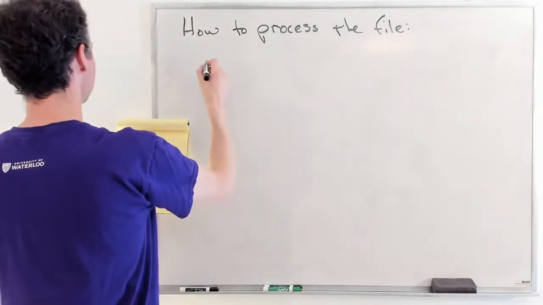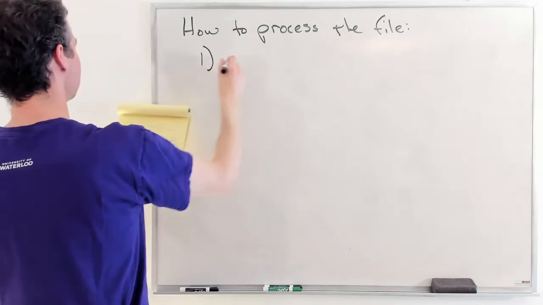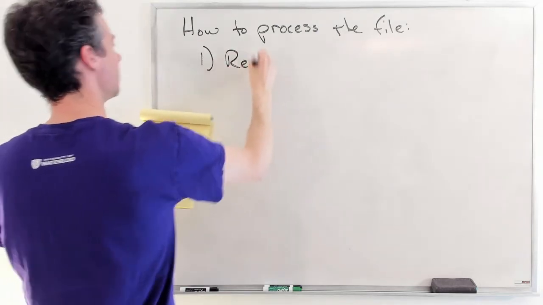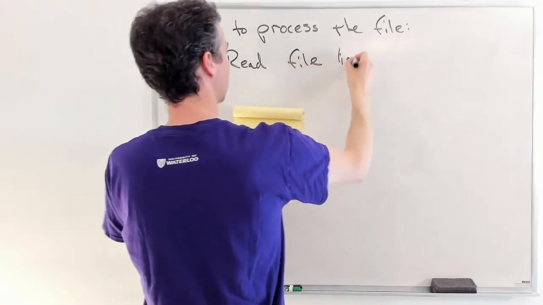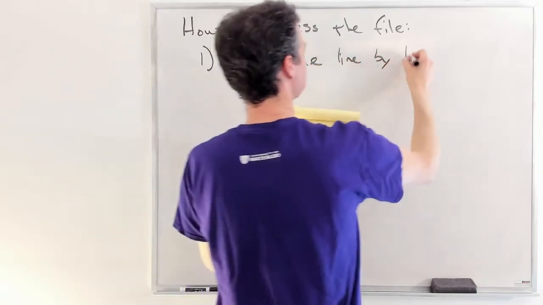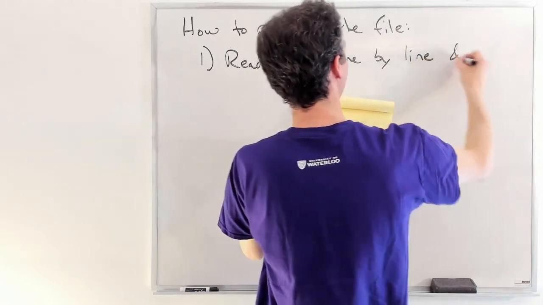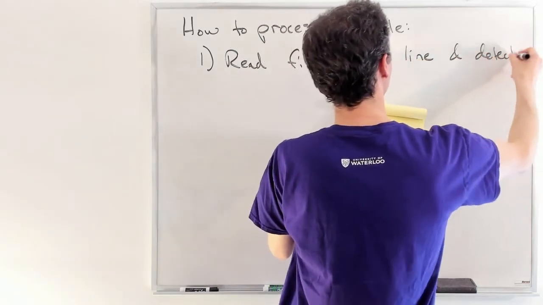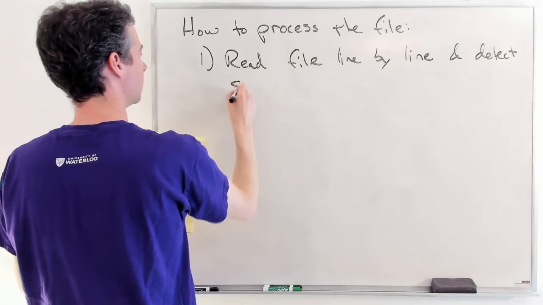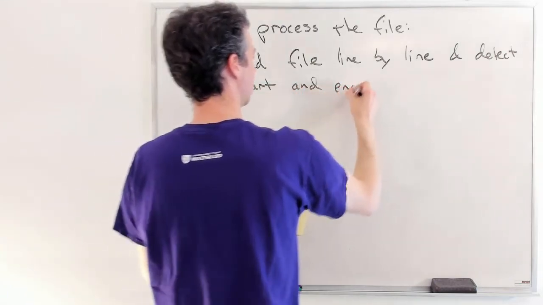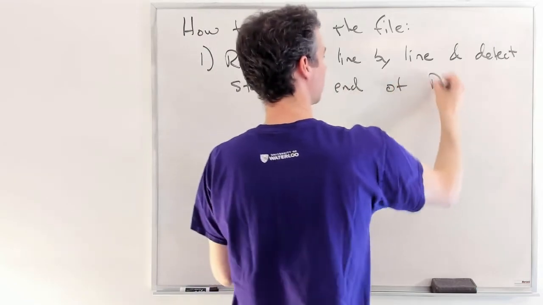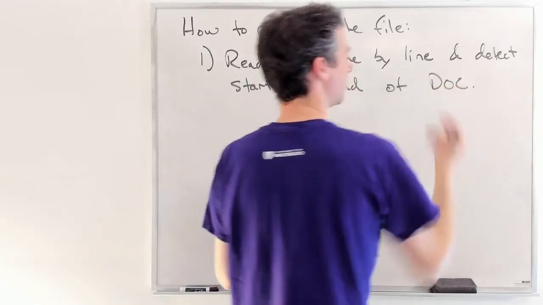All right, how to process the file. This is the overall scheme. You've heard a lot of this already, but we're going to read the file line by line, and we're going to detect the start and end of the document based upon the document tag.